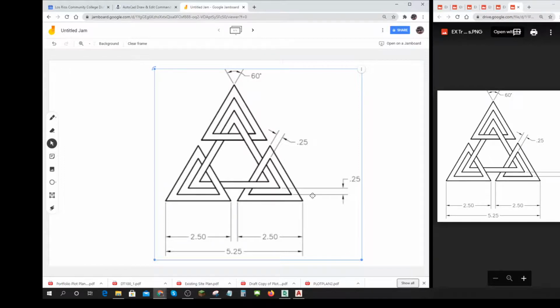So where are we going with this one? Draw a triangle. I'm going to use the polyline command again, and then offset it. Copy it to here, and then move it over. And what I do is I move it over to this point.